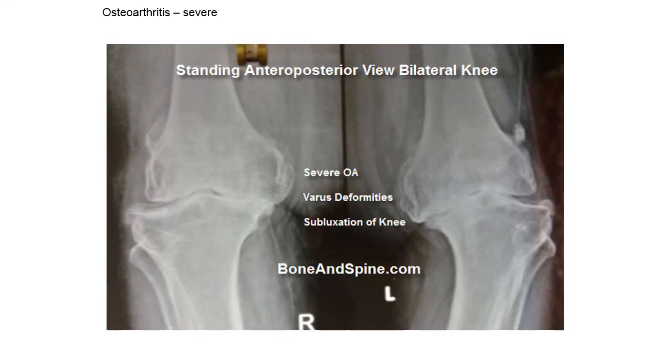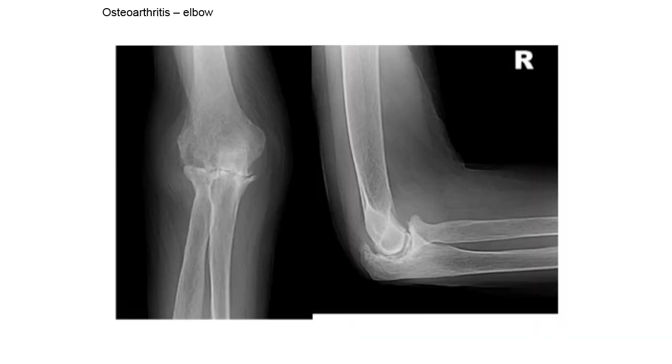And then you're looking at severe osteoarthritis, and you have deformity of the actual joint, of the actual bones now. And you have what's called subluxation of the knee, which means the bones are not in the normal position that they're usually supposed to be in. Next slide. Here's osteoarthritis in the elbow, and you can see there's just a lack of joint space in there as well.